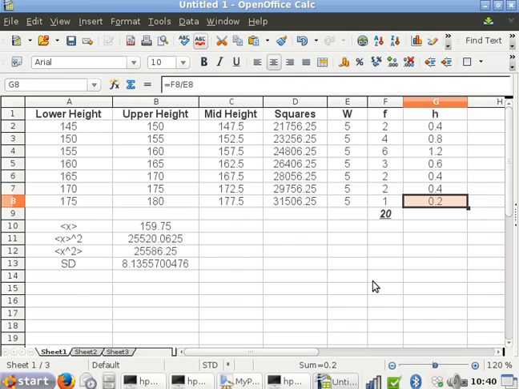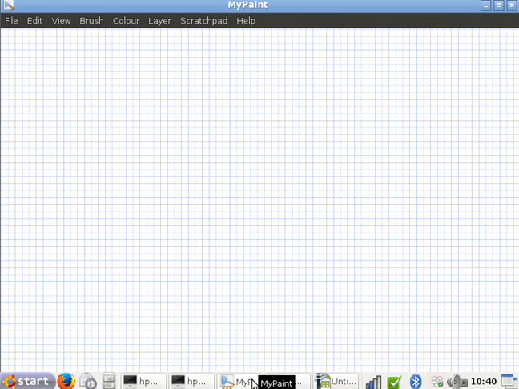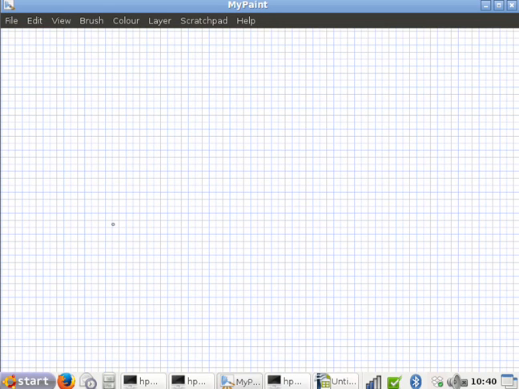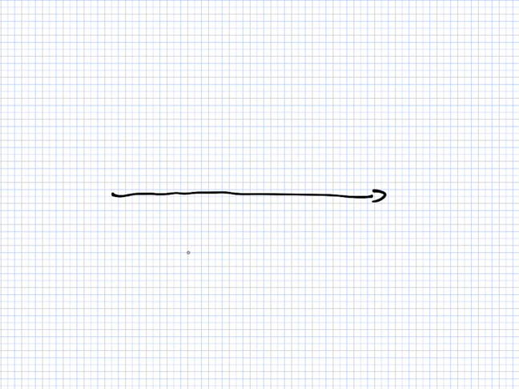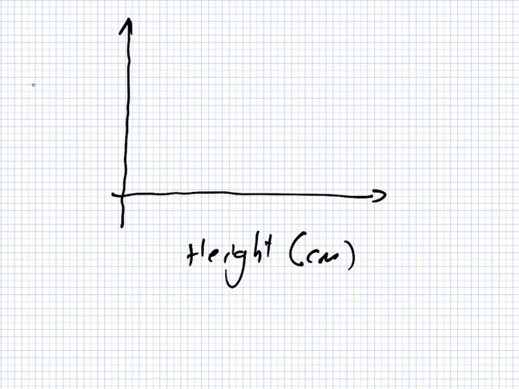Right, so let's look at the x-axis. The x-axis here is height in centimeters, and the y-axis here is the frequency per centimeter. It's the density.